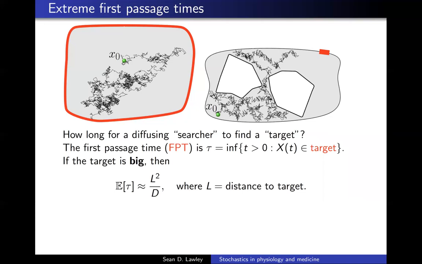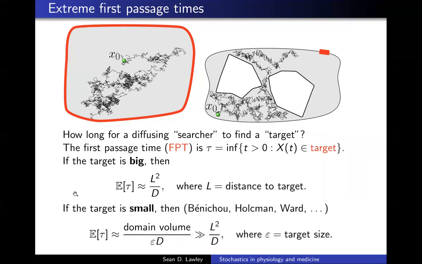Roughly speaking, if the target is big, then the expected first passage time, or mean first passage time, is something like the diffusion timescale, L squared over D, where L is the distance to the target. That would be the picture on the upper left. On the other hand, if the target is small, like the picture on the upper right, then in 3D the mean first passage time scales something like the domain volume over the size of the target. The point is that's much longer than the diffusion time scale.